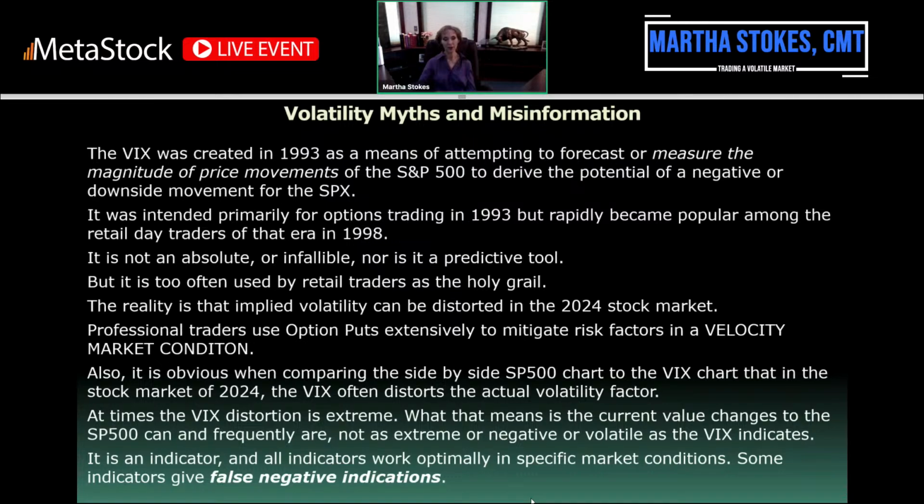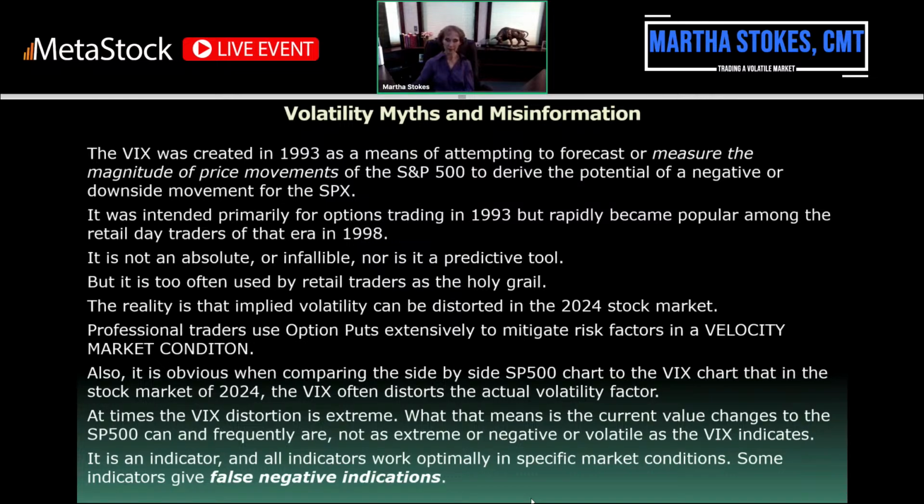It is an indicator, and all indicators work optimally in specific market conditions, and so does the VIX. Some indicators give false negative indications. Stochastics in a velocity market or a moderately trending market will float above its high line and just float there. So you'll see it floating and think, oh, that means we're going to have a downside oscillation of price, and it doesn't happen.